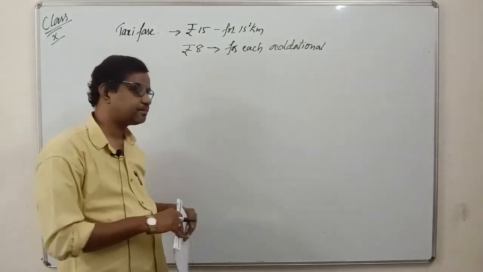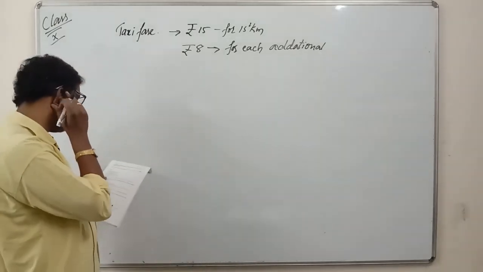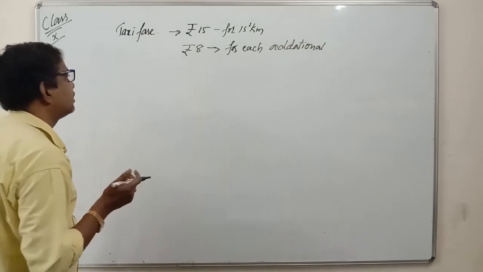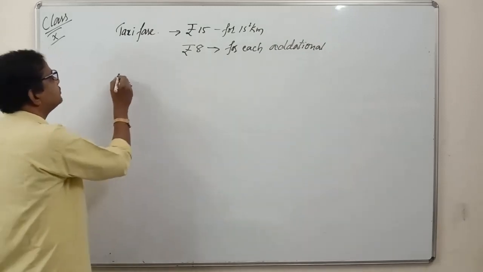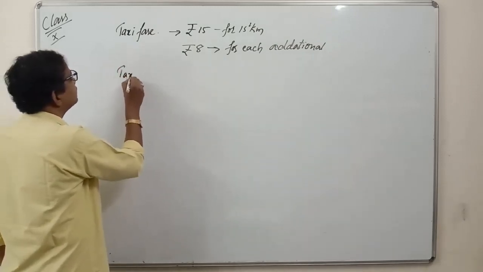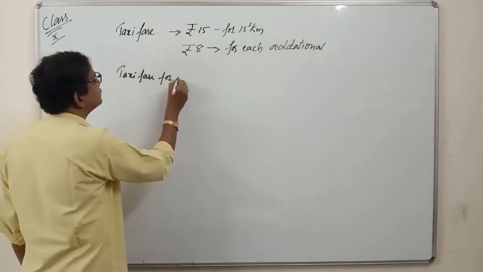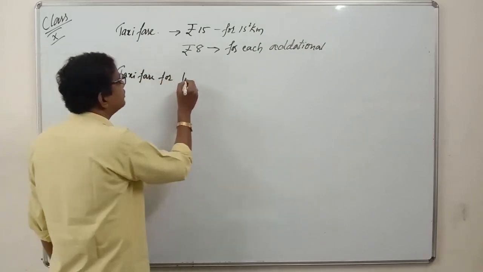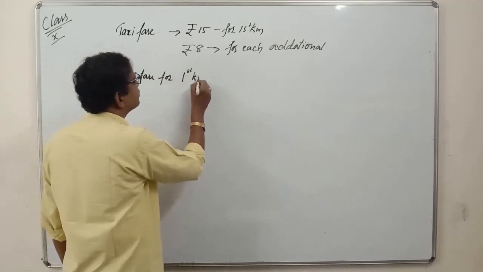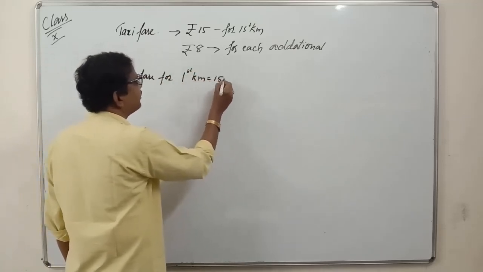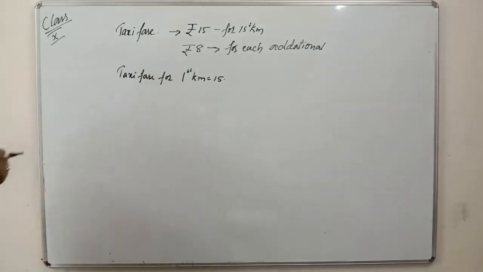Let us see how. First write down. Taxi fare for the first kilometer equals how much he has given? 15 rupees. Okay.